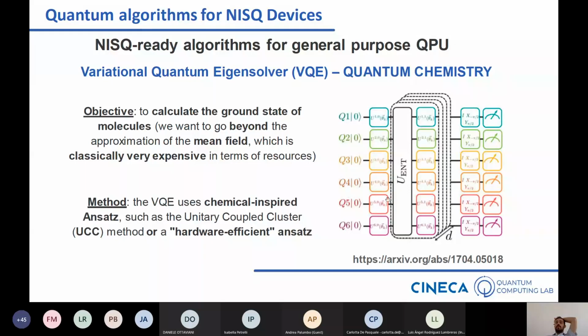So basically, each qubit represents something like a different orbital of the molecule, and then you have multiple layers.